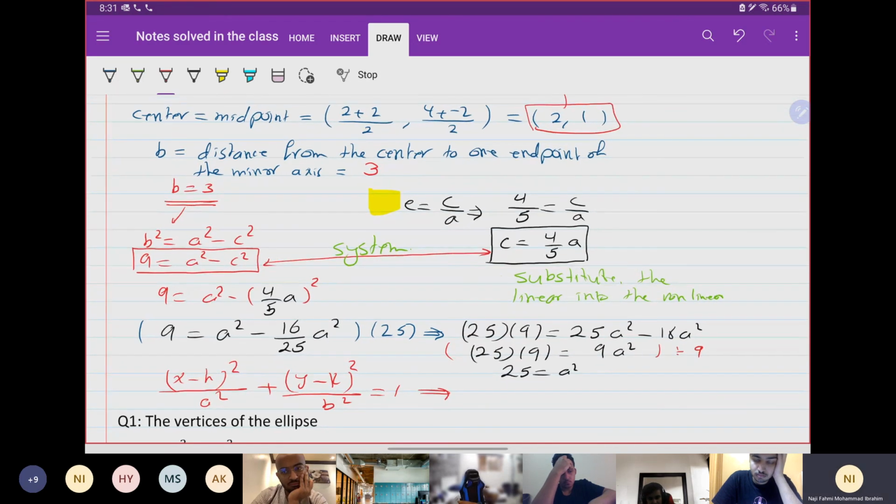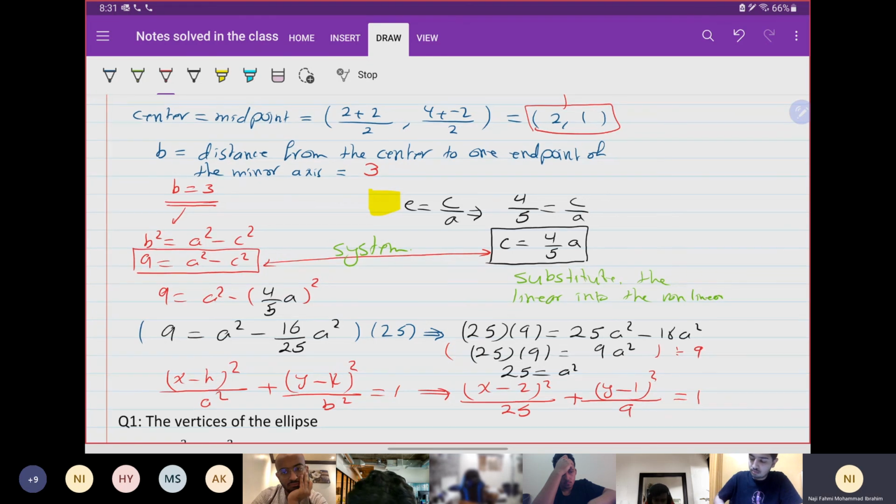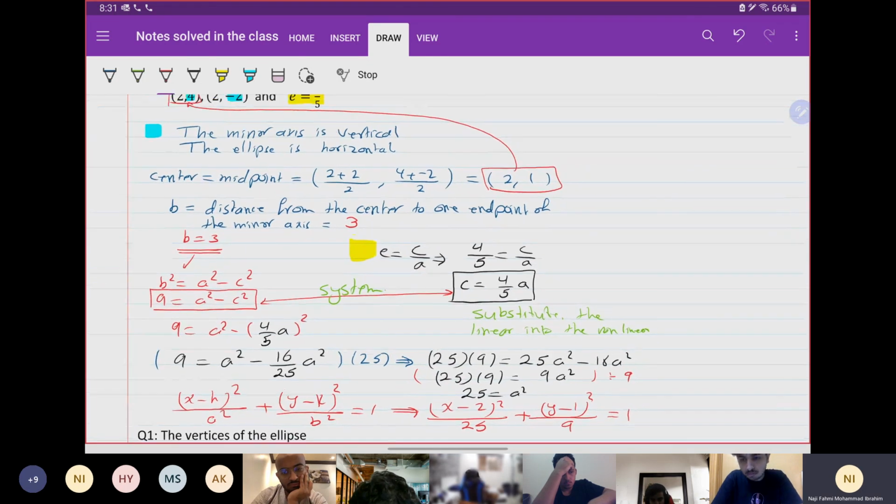The center is (2, 1). I will have X minus 2 all squared over A squared, which is 25, plus Y minus 1 all squared over B squared, which is 9, is 1. And this is the equation that we are looking for.